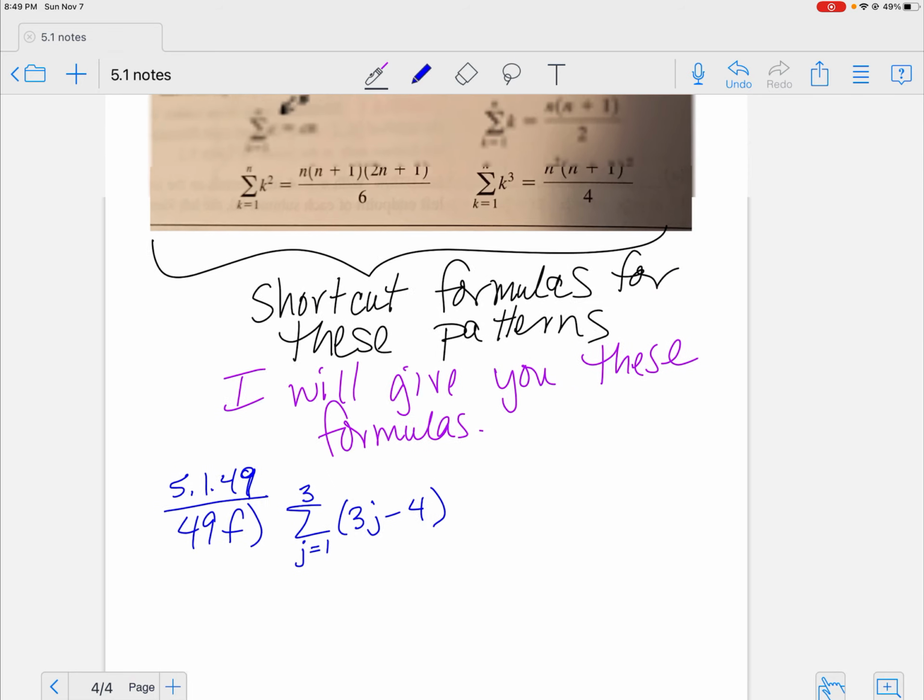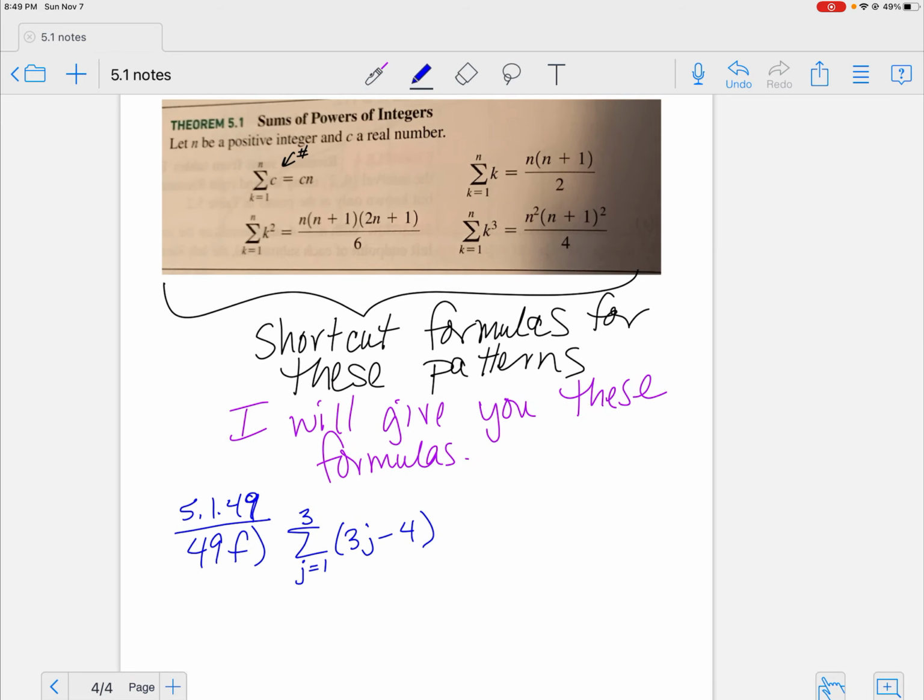Now here's what's going on with our shortcut formulas. We have a J. With this J, that is going to send us to just a variable. With this number here, well, let me change my color so you can see the difference between the two.